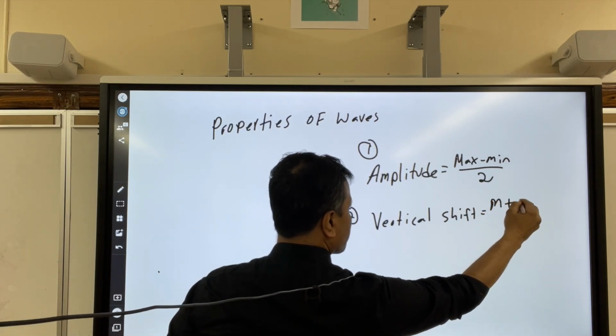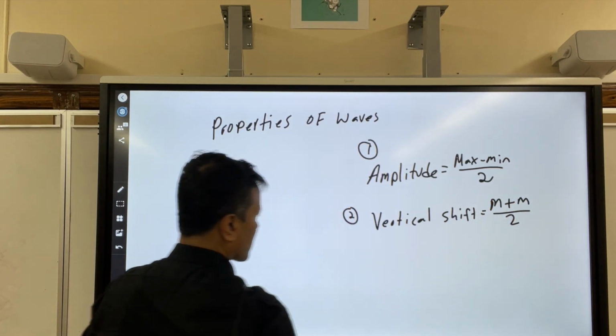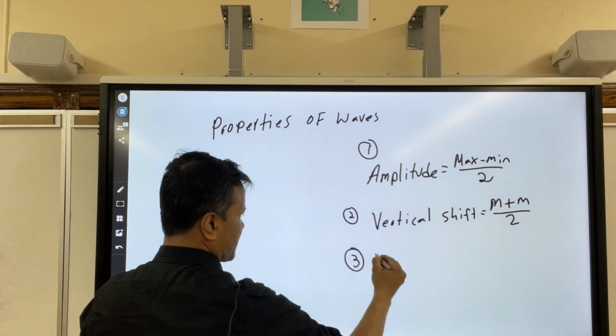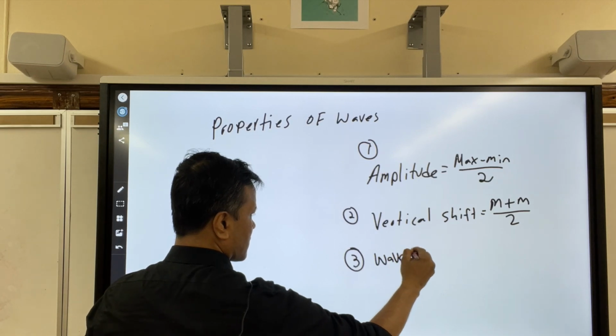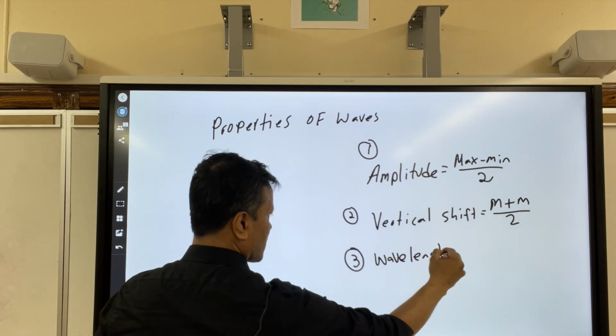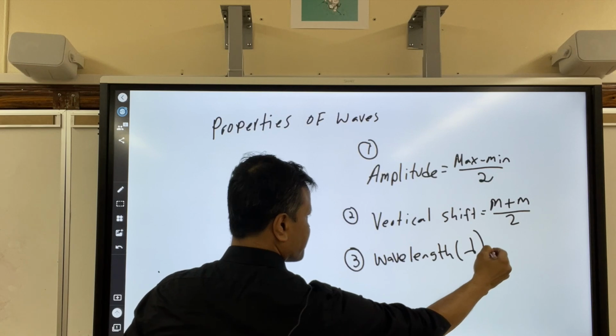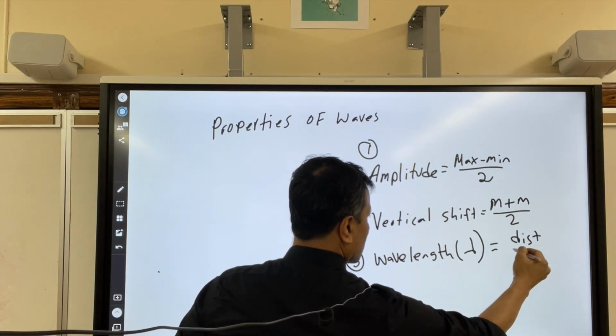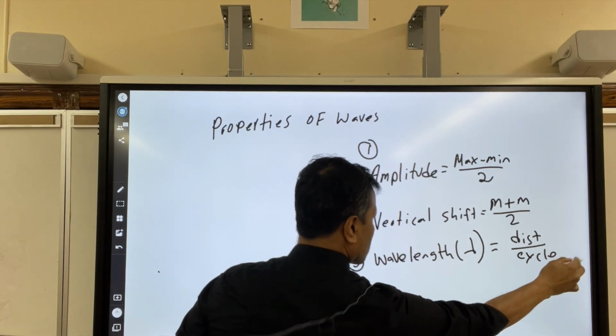Max plus mean divided by 2. Number 3, wavelength, which is called lambda, distance over cycle.